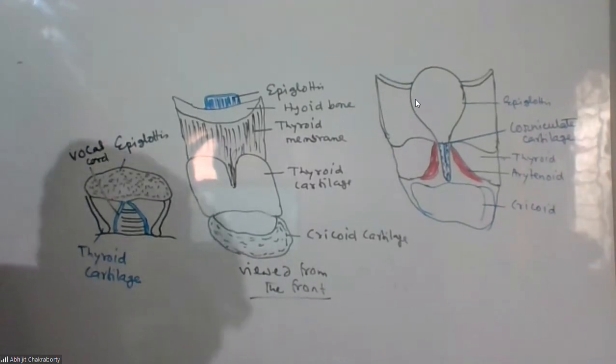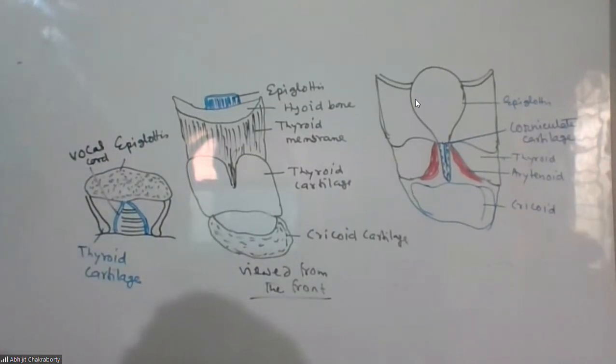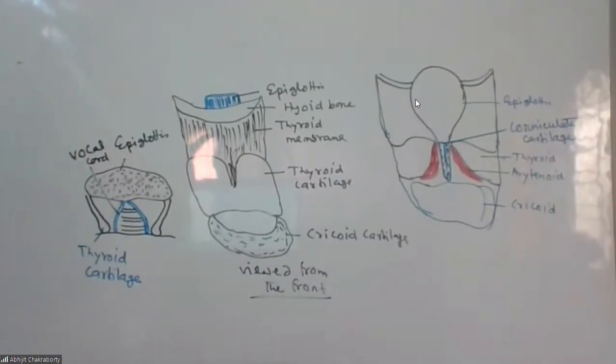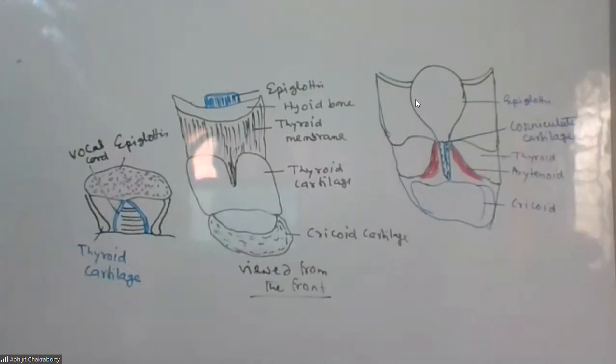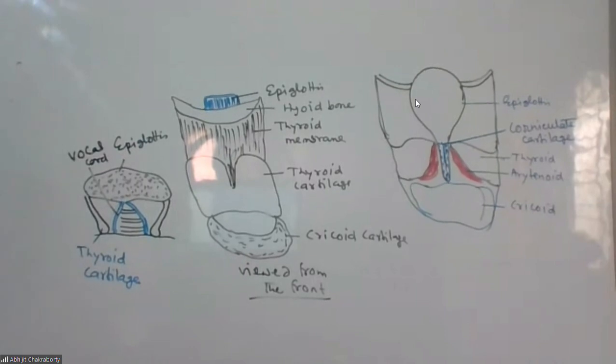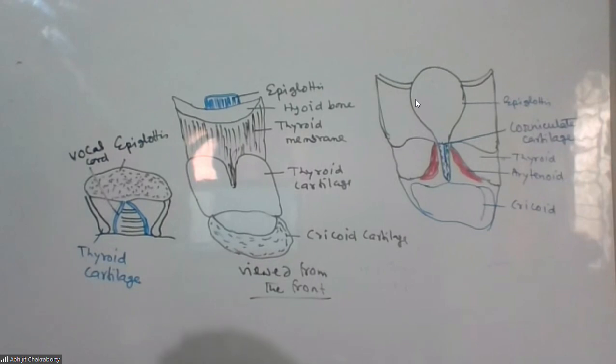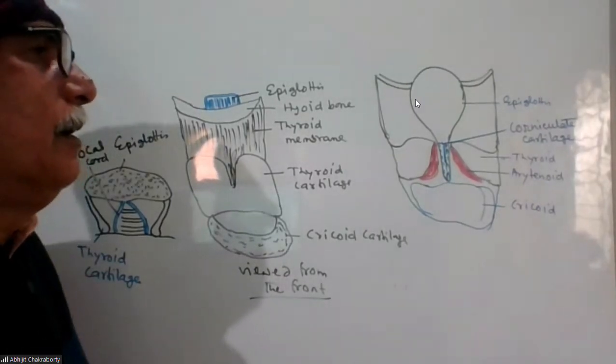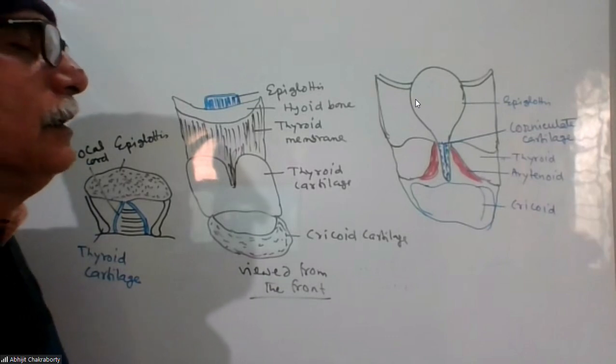Next, the cricoid cartilage lies below the thyroid cartilage, and its lower border marks the end of upper respiratory tract.